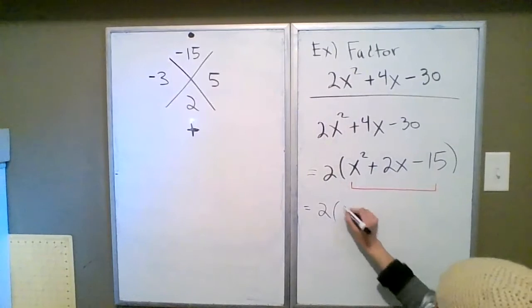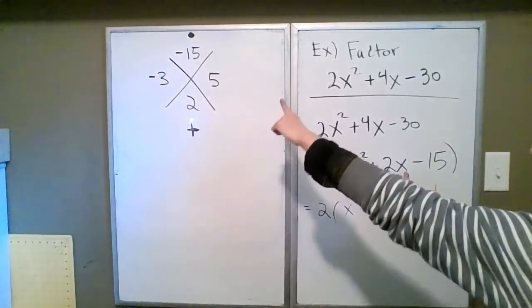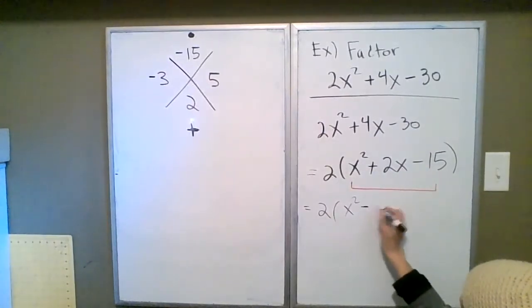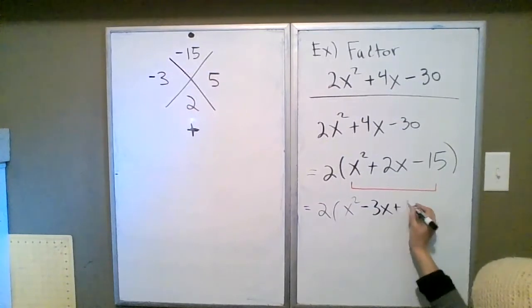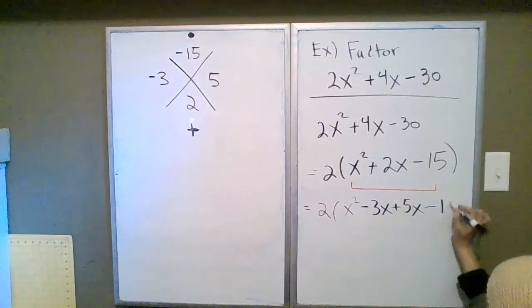There's the x squared. Instead of 2x, we're putting a minus 3x and a plus 5x. And then minus 15.